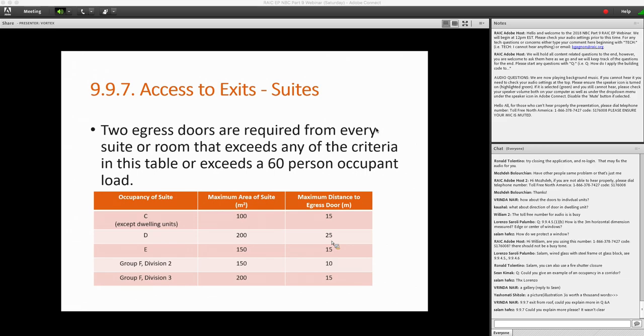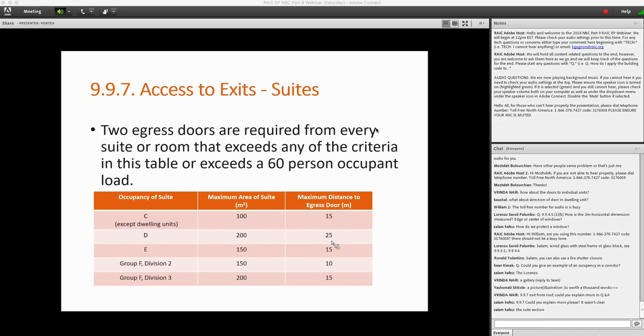If you have, for instance, a group D office space and the occupant load in that space is not more than 60 persons, which would mean that you can have one egress door serving that group D office space, you still have to come back to your table and check the area of that office space as well as the travel distance to that one egress door that is permitted. Now, if the area of the suite is more than 200, or if the travel distance to that egress door that you are potentially providing is more than 25 meters, then you have to provide 2 egress doors.